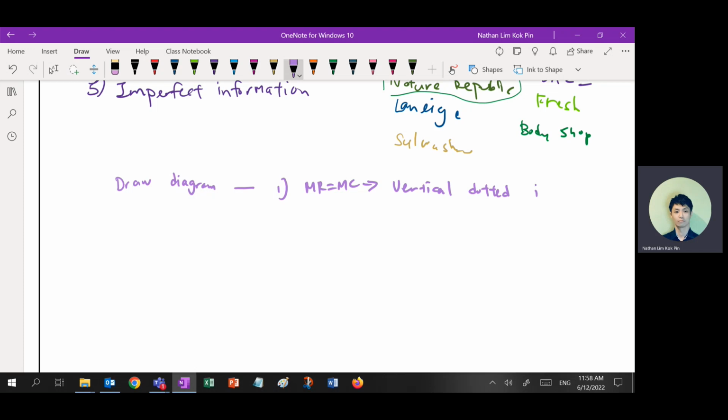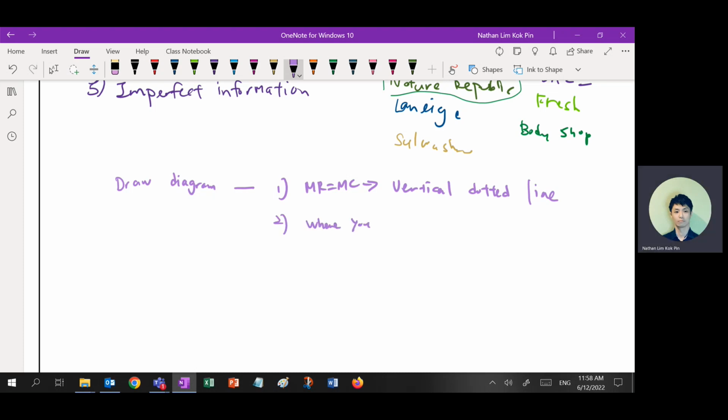This is the basic. Number one is the most important. Why? Because regardless of which type of profit you want to draw, you must draw number one correctly first.